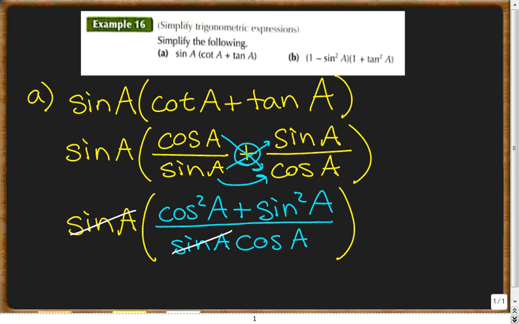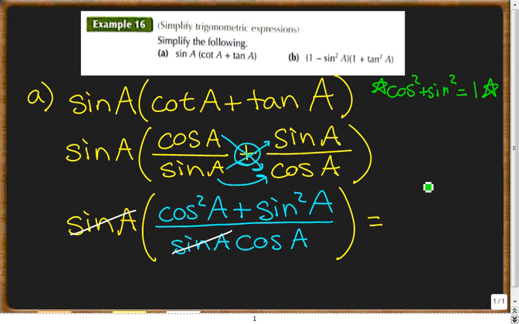A second thing I see is this part, cosine squared plus sine squared. If you remember from before, there's this nice rule that says cosine squared plus sine squared always equals 1. I can replace that entire numerator with the number 1, because no matter what, cosine squared plus sine squared always equals 1.